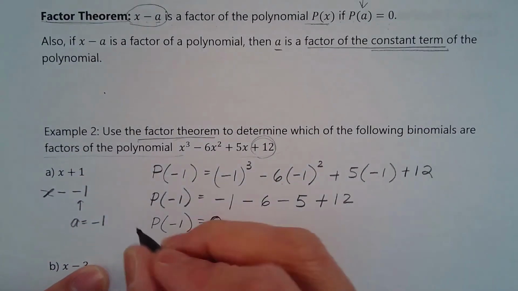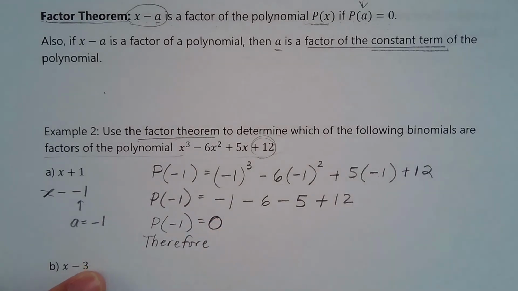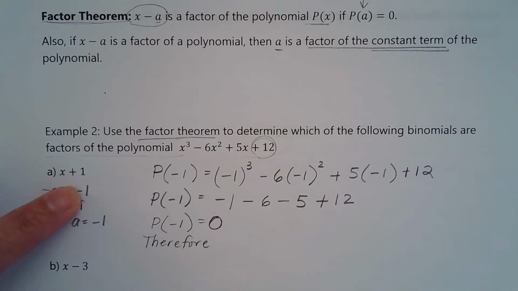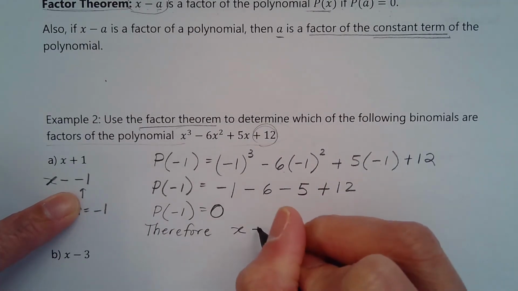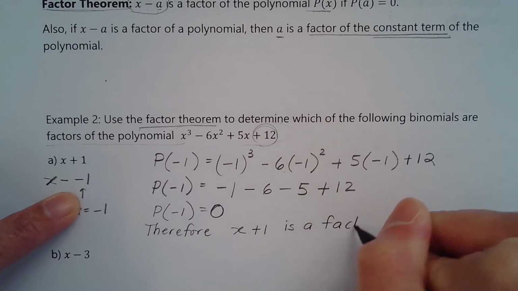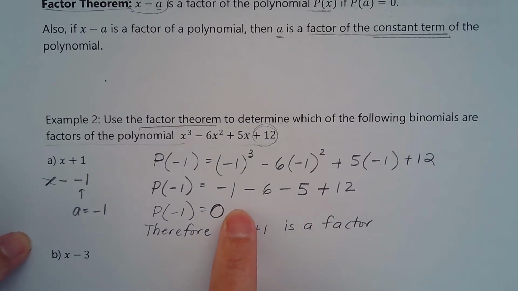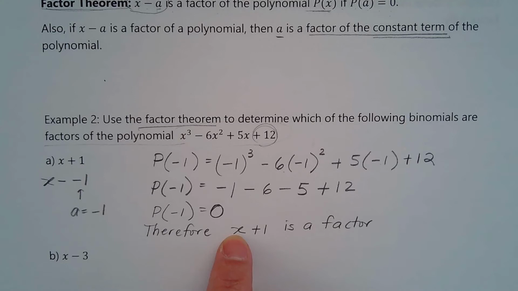So therefore x minus negative 1, or x plus 1, is a factor, since the remainder is 0. That means it divides evenly. When we have a remainder of 0, that means it divides evenly, no remainder. It's a factor.